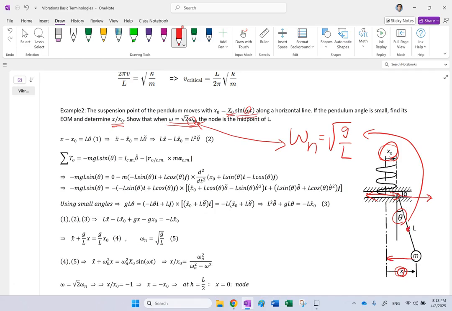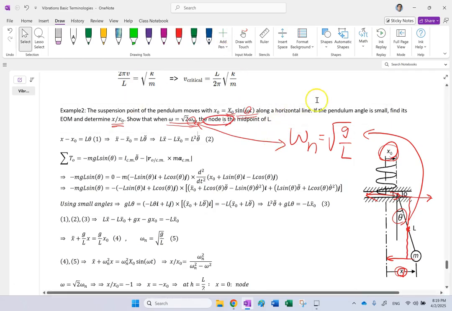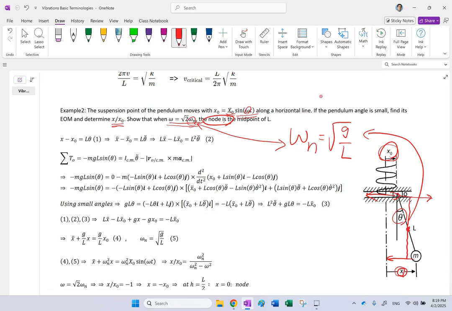This point in the middle does not actually move from its start point, and that's why we call it a node. So a node is a point that does not move in the vibration, or in what we call a mode shape. So we want to show that the node for this excitation frequency is going to be right in the middle of the pendulum.